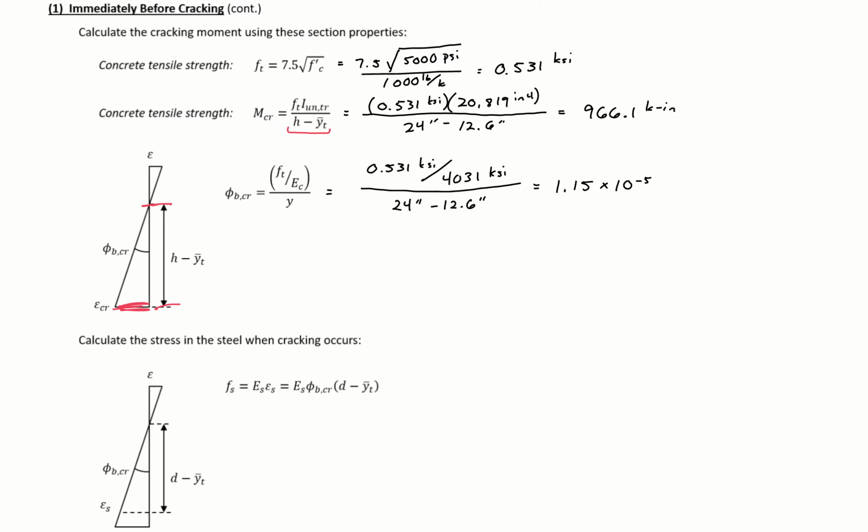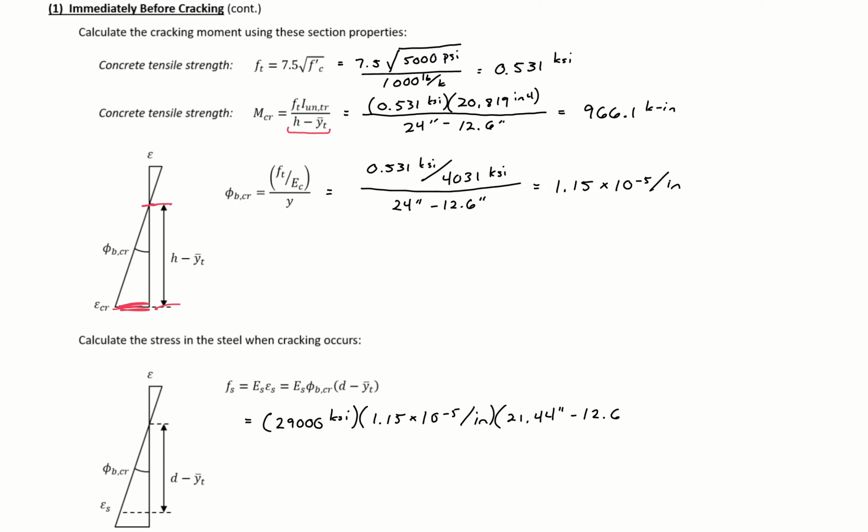Finally, we can calculate our stress in our steel. And our stress in our steel is going to be equal to 29,000 KSI times our curvature, 1.15 times 10 to the negative fifth. And sorry, the units here are radians per inch. And then times 21.44 inches minus 12.6 inches.